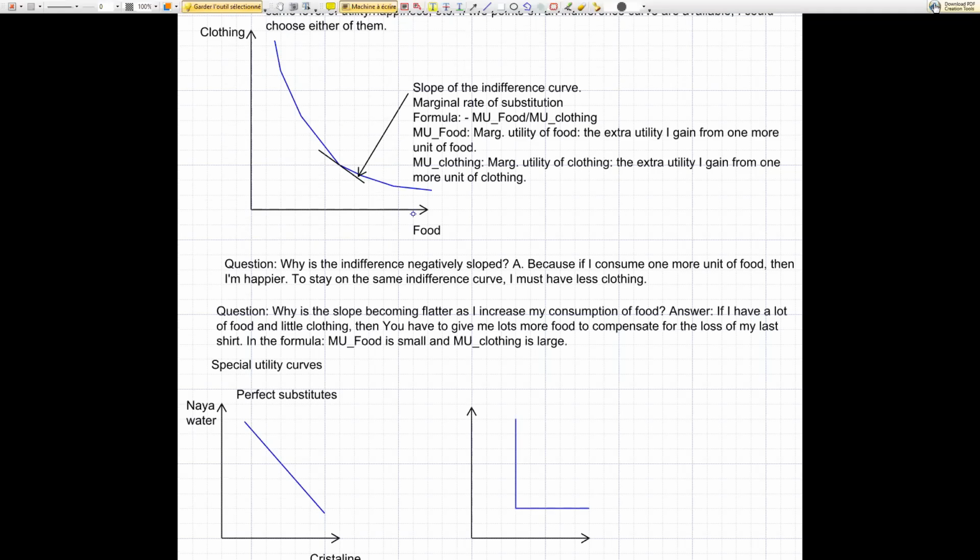But there is no real fundamental connection between food and clothing. It just so happens that if you give me too much food, I don't care for that anymore. And if you give me too much clothing, I don't care for clothing anymore. And the fact that the marginal rate of utility changes along that axis and that axis gives rise to this curve there.